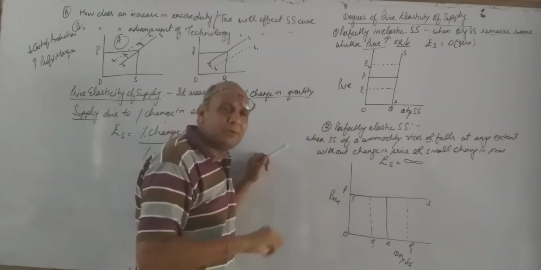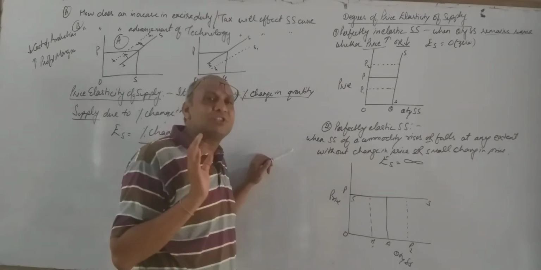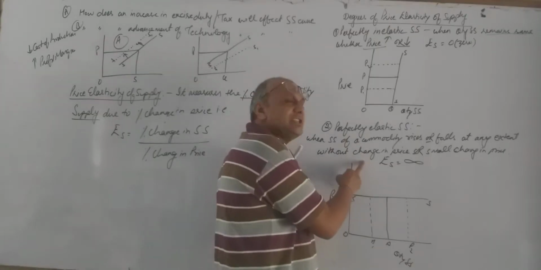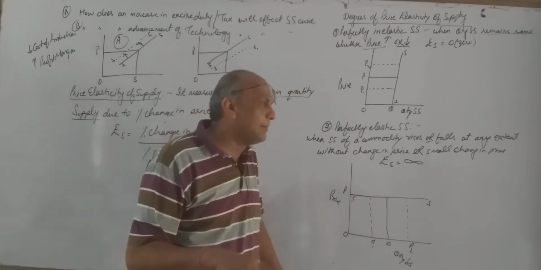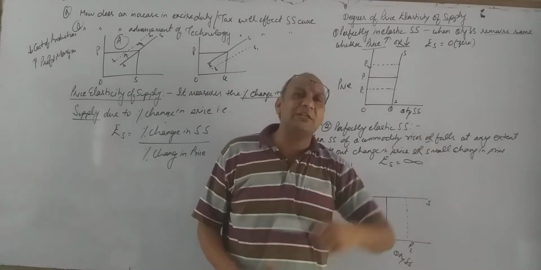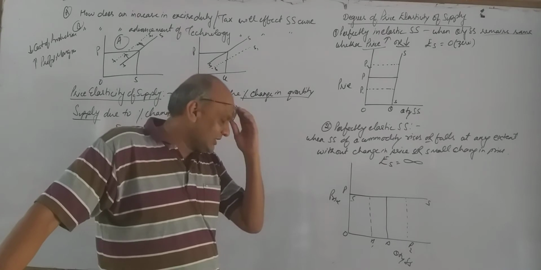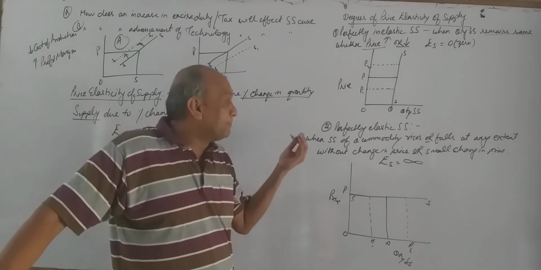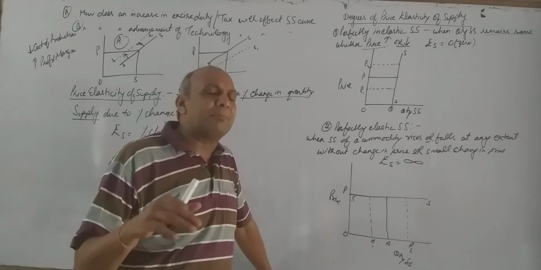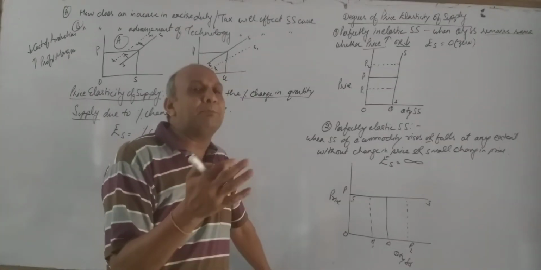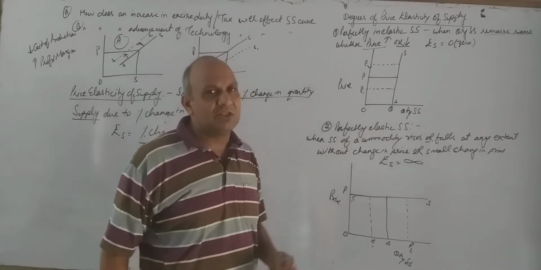Unmeasurable means which cannot be measured, or it falls to any extent, it may come to 0, without change in price. Without change in price means price remains the same, or there is a small change in price. Maybe even a slight change in price happens, and due to that small change my supply of that commodity can go up to any limit. It can increase up to any limit and it may become 0. Then it is known as perfectly elastic supply.